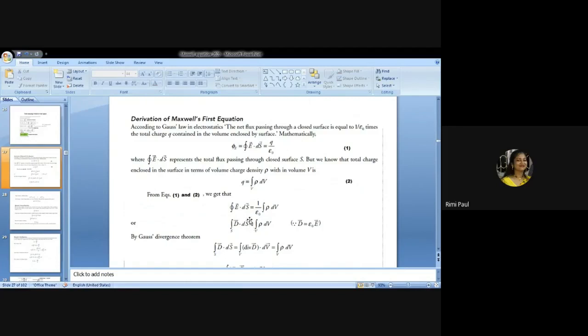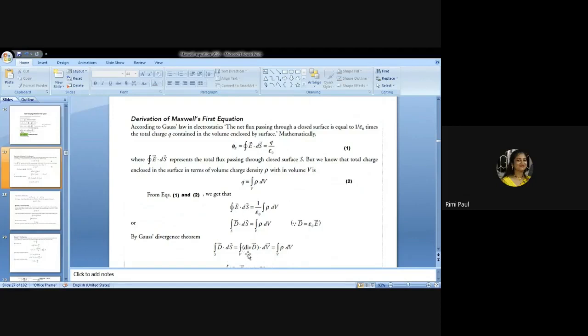Now if we apply the Gauss divergence theorem, we know that the closed surface integral we can convert into a volume integral. So we can write the volume integral of divergence D bar dV, equal to the closed surface integral, which we convert into an open volume integral.